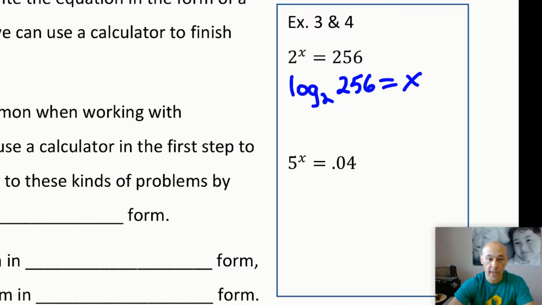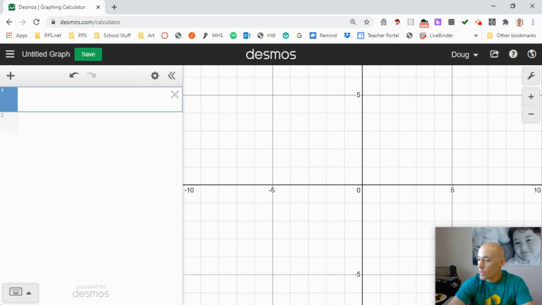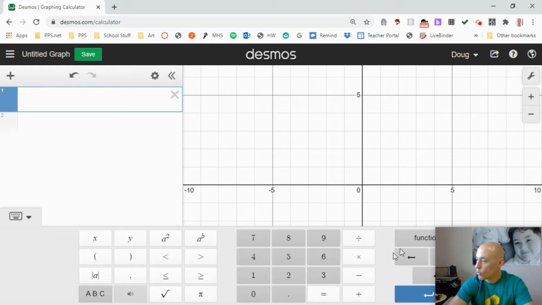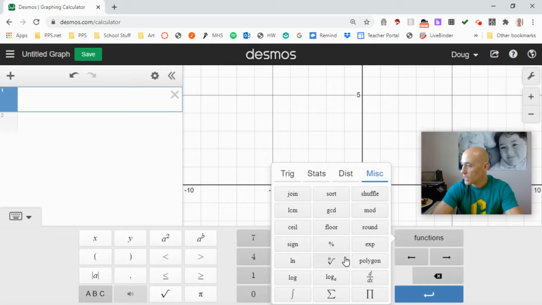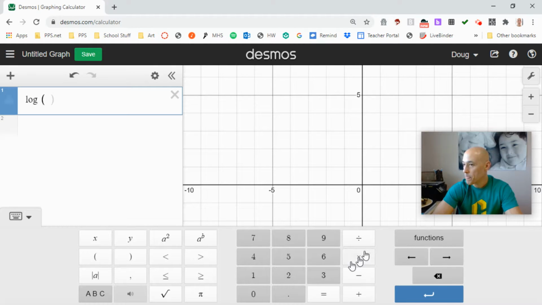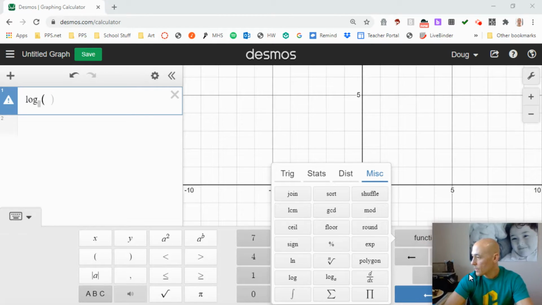So I can pull up a calculator here, and on the Desmos graphing calculator, that's the easiest place to work with these. If you click on the keyboard there, the functions will give you the logarithm right here. And we want the one that is the base a here. Okay.